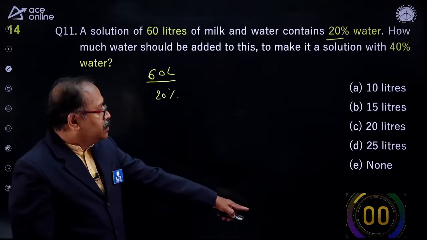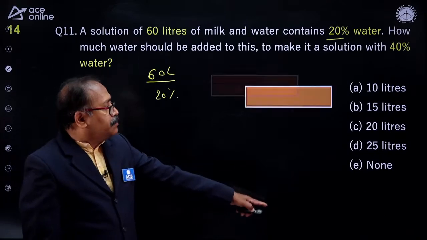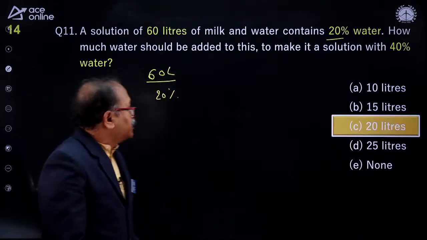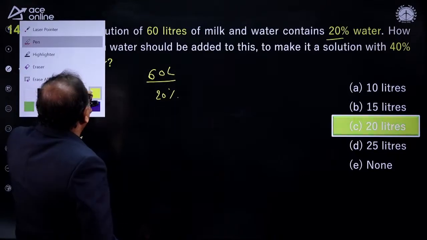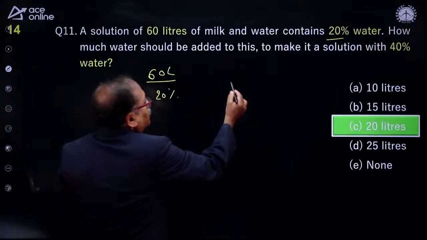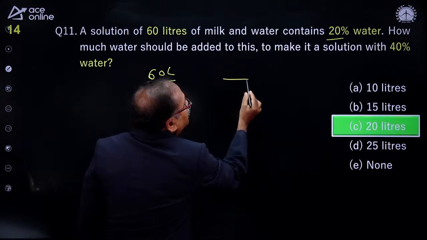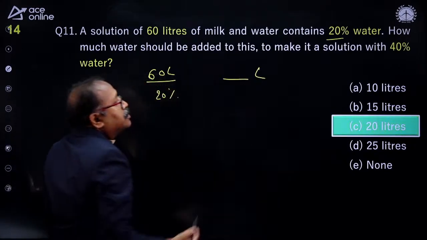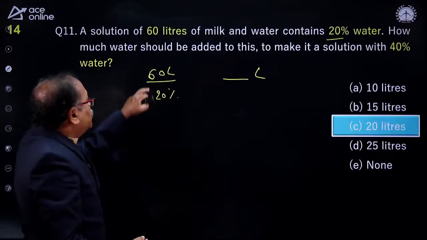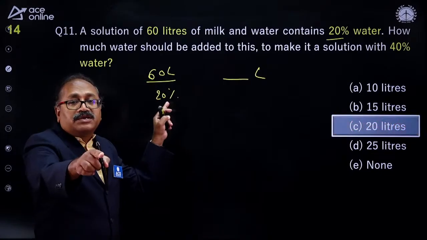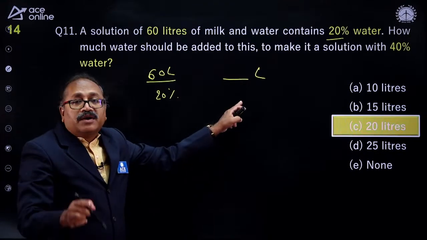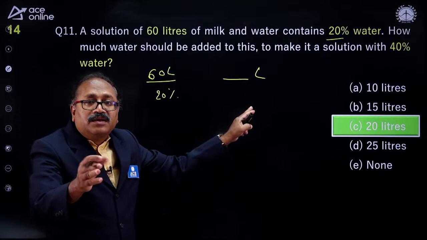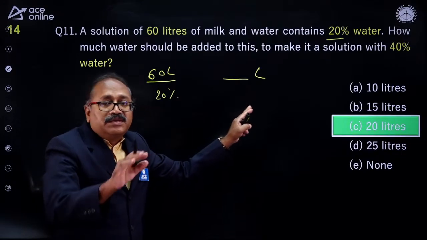Sheikh has answered it and he is saying 20. The time is up. That's right, Mr. Sheikh, 20. It's a basic question: how many liters of water has to be added. In this 60 liters of mixture, 20% water is there. When you are adding water, you are adding only water, so that is 100% water.